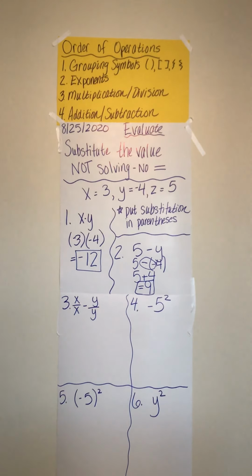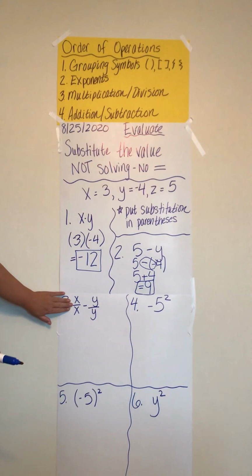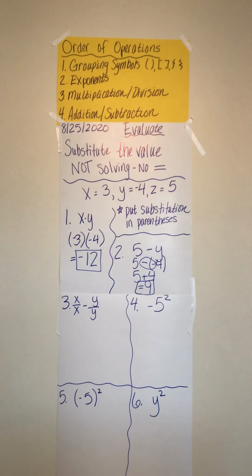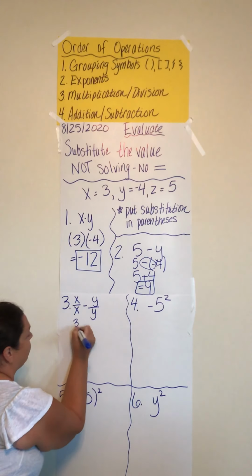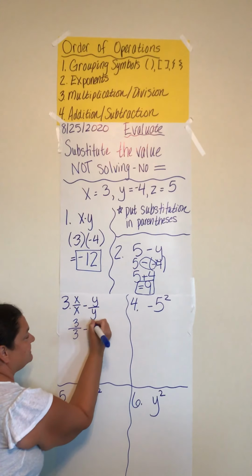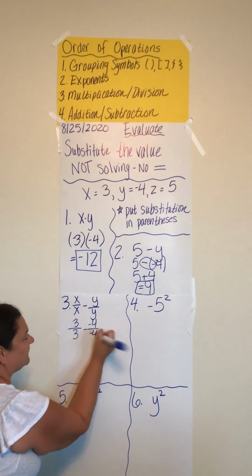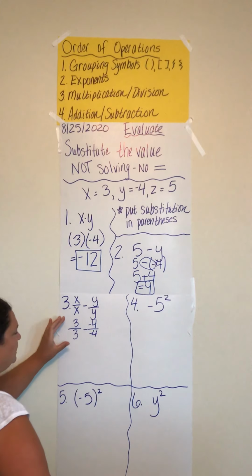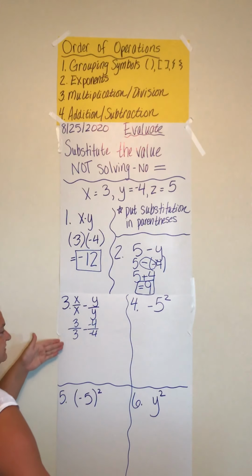So let's do some substitutions. So we have X over X. Now this fraction line is actually division. The fraction bar is actually division. So let's rewrite our problem. And I'm not putting in parentheses here because we do have that fraction bar that kind of gives it that separation. So now we just look at it. What is 3 divided by 3?